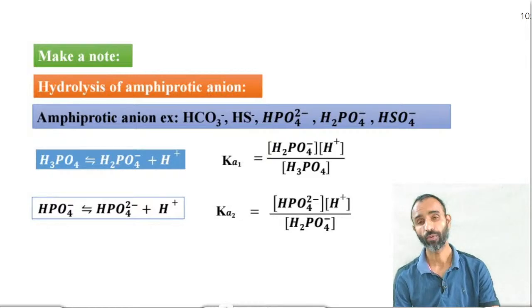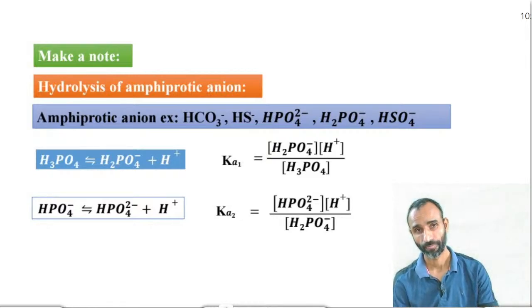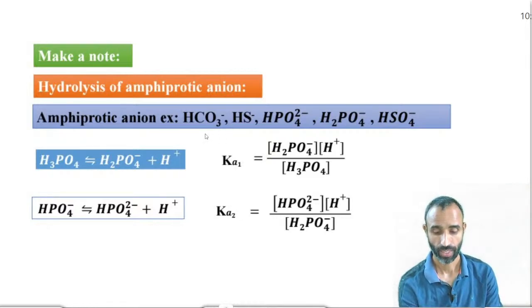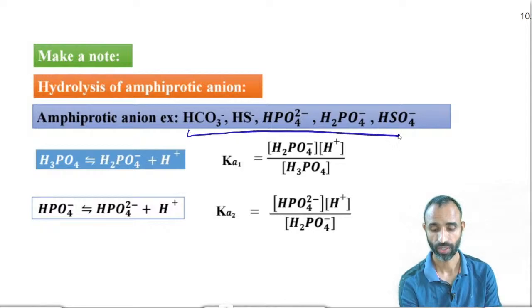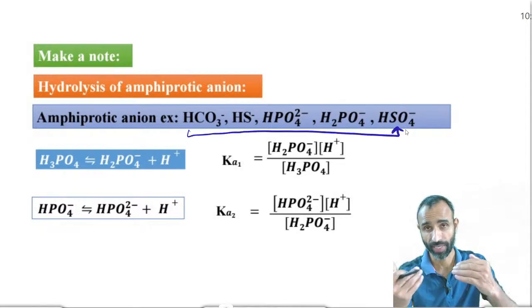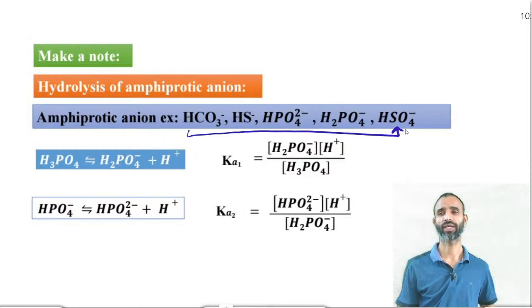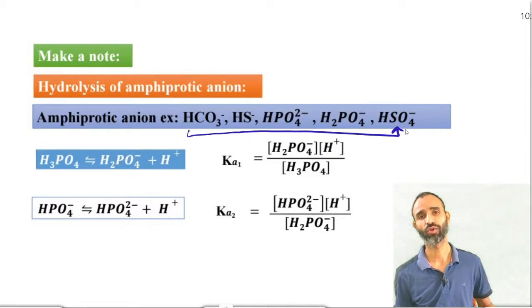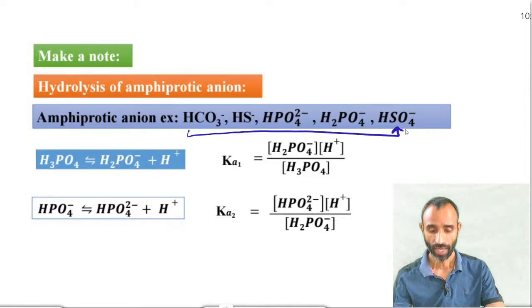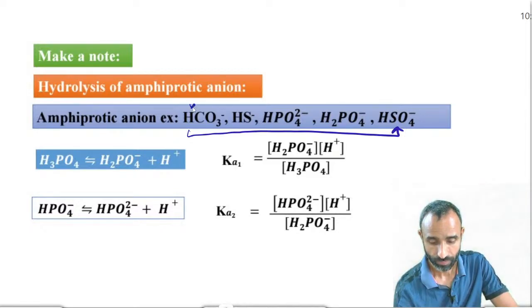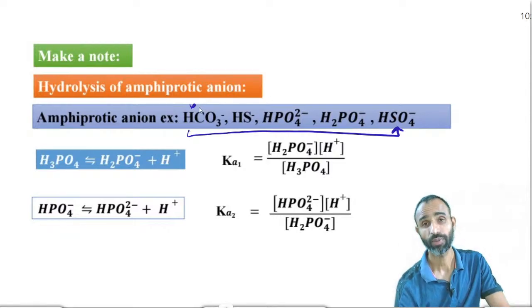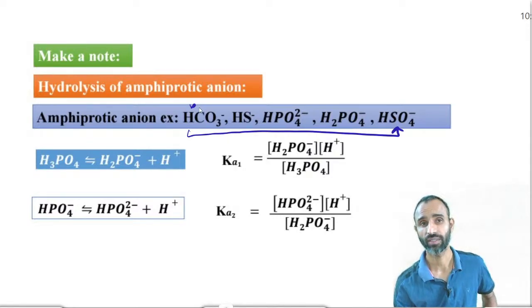Now, amphiprotic means which can accept H plus ion as well as donate, just like ambidentate nucleophiles. It can act as acid as well as base.